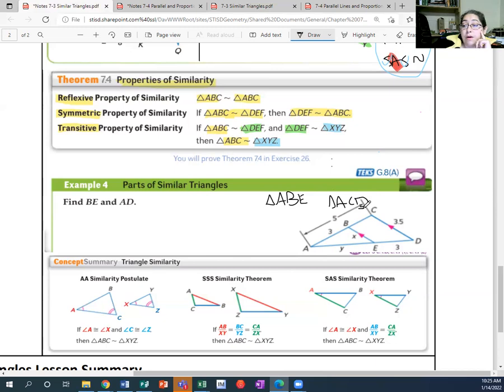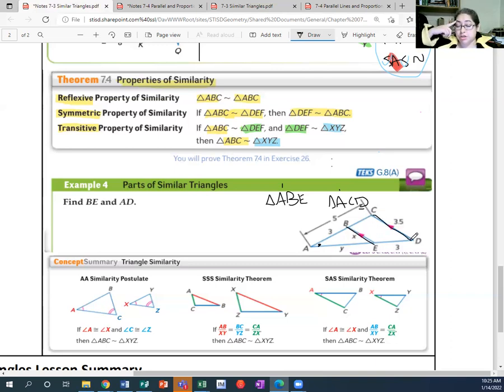Now let's talk about whether these triangles are similar or not. They both have A as one of their angles. So by reflexive property, A is congruent to itself. Those two angles are congruent. Now here I have some parallel lines.